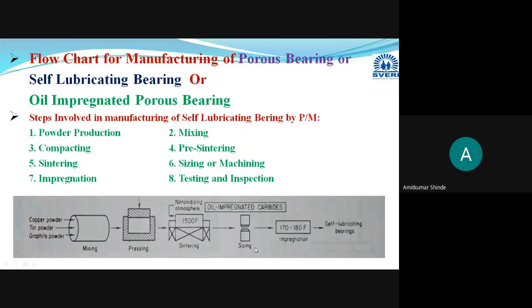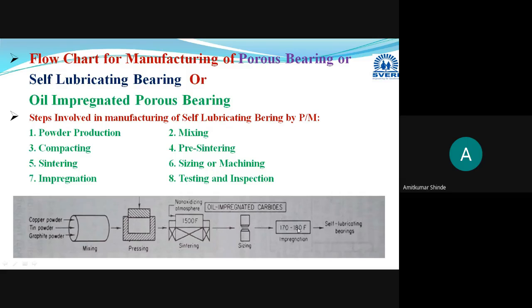After that, the end process will be testing and inspection. Now, depending on the component, some extra processes may be there, like in this self-lubricating bearing, where an extra process, impregnation, is there. Just write a simple rectangle, and below that mention the name of that process and whichever temperature you have used.